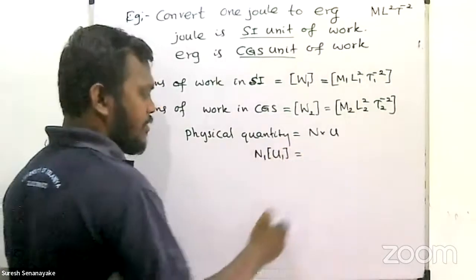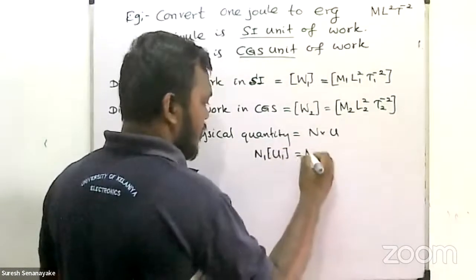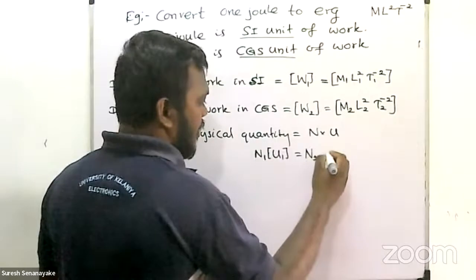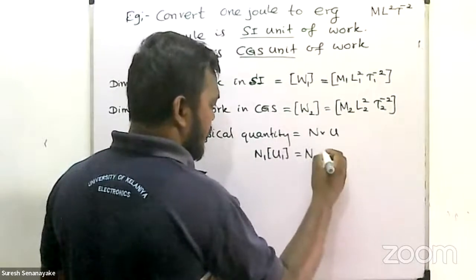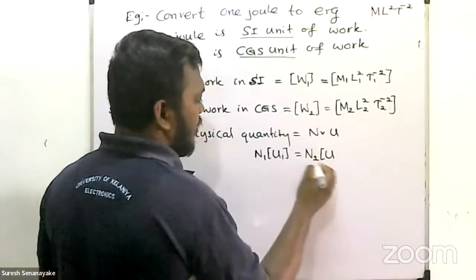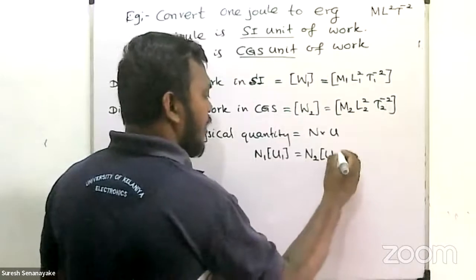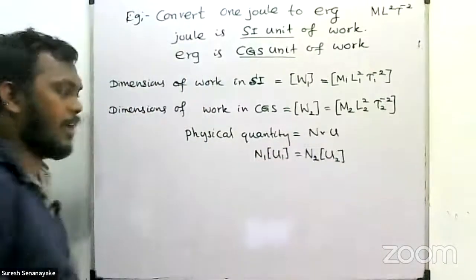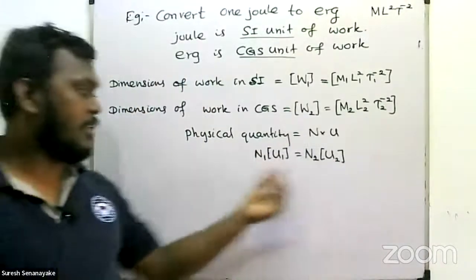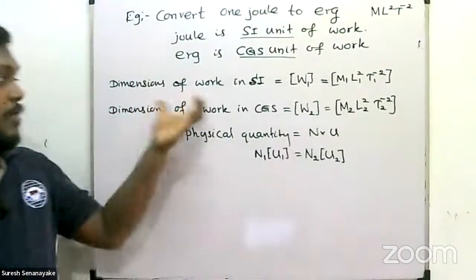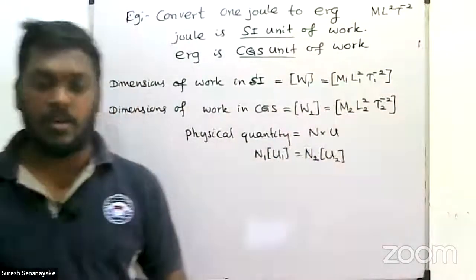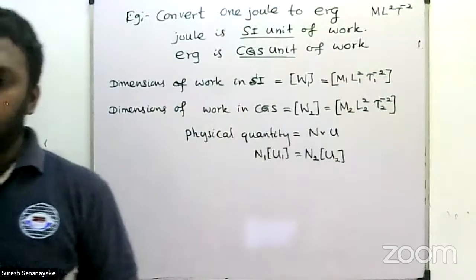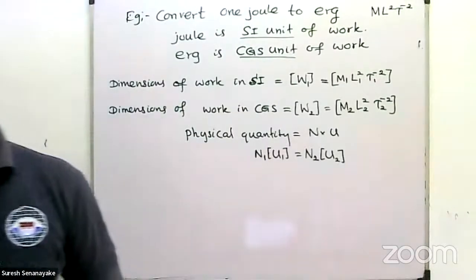It should equal the number multiplied by the unit in the other system. Dimensionally they are correct, because the dimensions of any system are constant; system-wise the dimensions do not change.